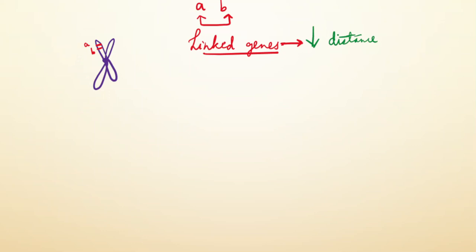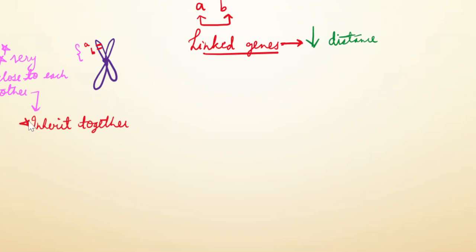So these two genes here are very close to each other, which means they can inherit together. So this is the concept of linkage, or you can say linked genes.